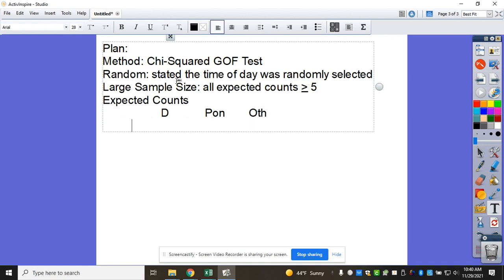How do I find what my expected counts for Douglas firs are? What do I need first? My total. So I've got 70, 79, and 7 for a total of what? 156. So you're not writing this out, but this would be 156 times what?